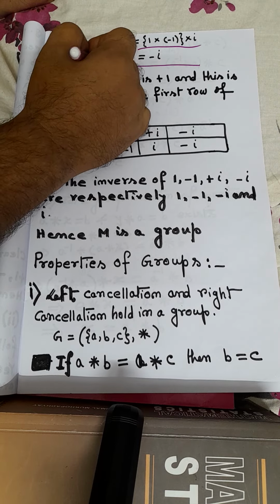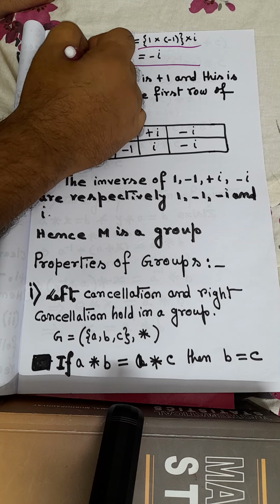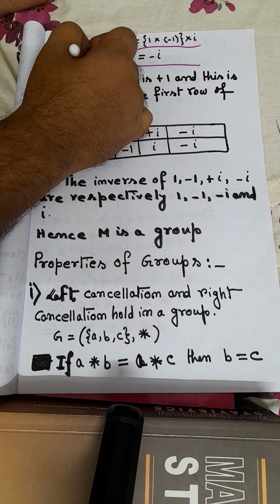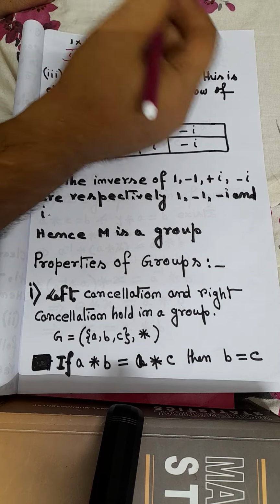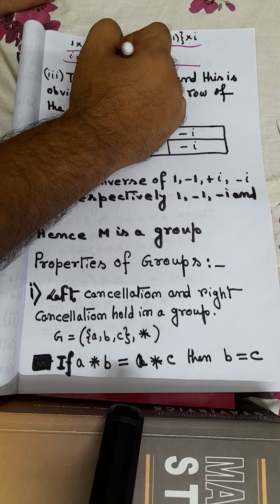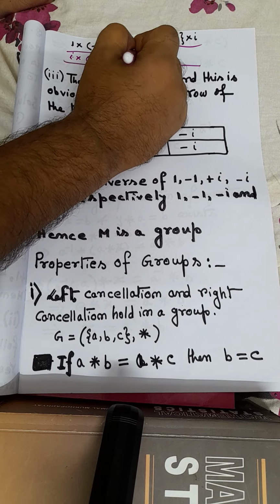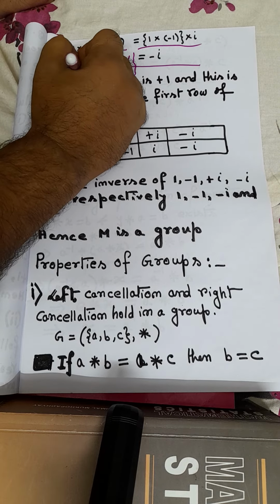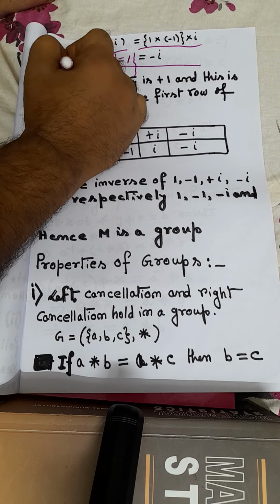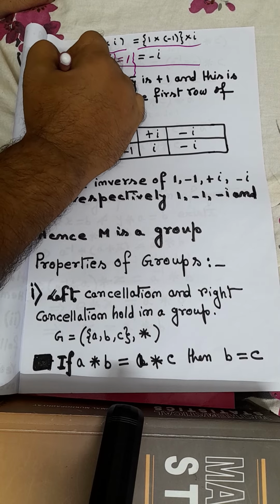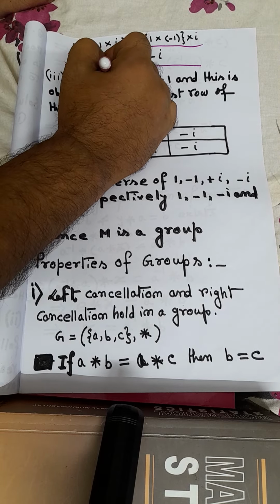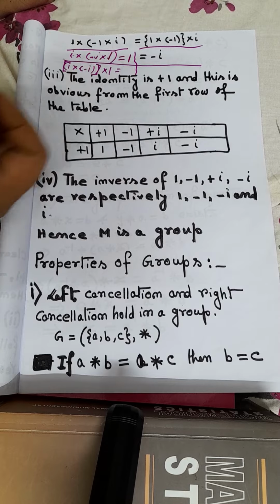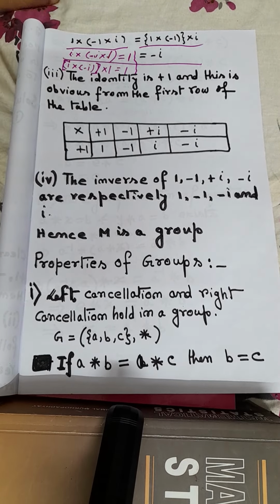Minus i into i equals 1. Minus i into i equals what? Plus 1 into 1. That will be 1, correct? Now i into minus i plus 1 into 1, what we will get? Again we will get 1, correct? So you can check like this.